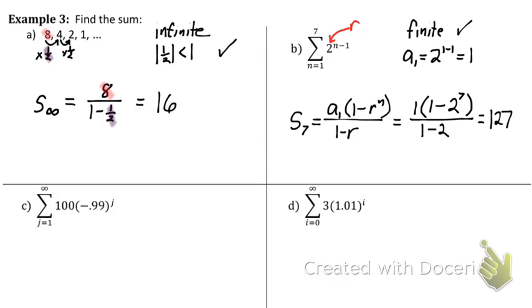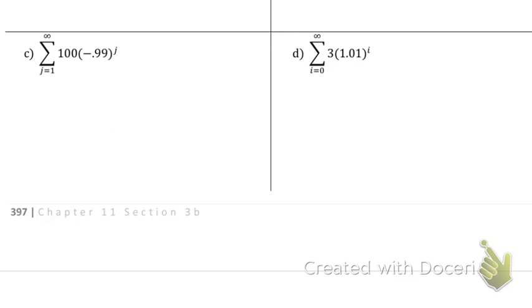All right, continuing on. These are both geometric on the bottom because they're both exponentials. And they're both infinite. This guy's infinite as well, and they're both geometric, infinite. Which means I need to check the r values. Just remember, r value is that guy that's the base of our exponential. So the r value on the left one is -0.99.